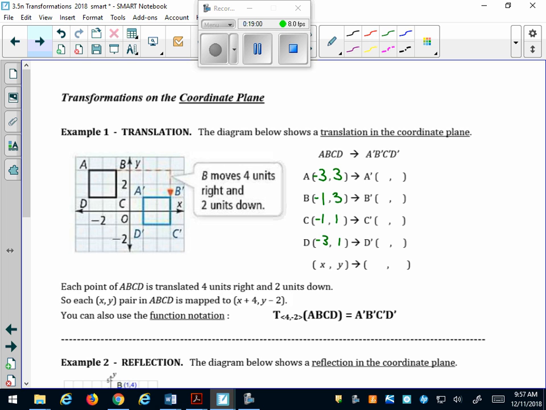A prime is at 1, 1. B prime is at 3, 1. C prime is at 3, -1. And D prime is at 1, -1.